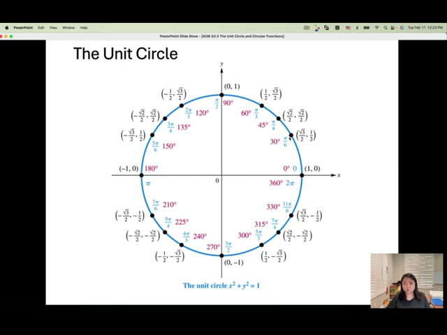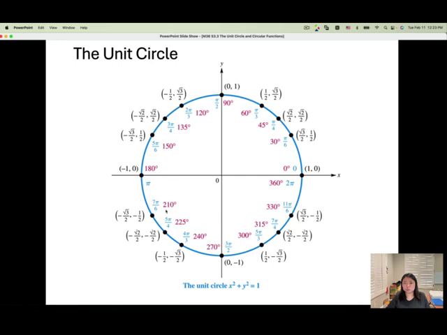So we could look at 150. Since the angle is 150, the reference angle is also 30. So you can see they have the same coordinate, just x would be negative because in quadrant 2, x is negative and y is still positive.